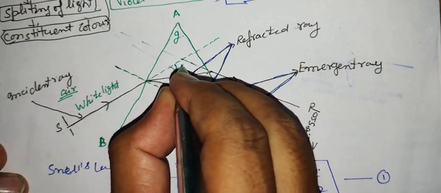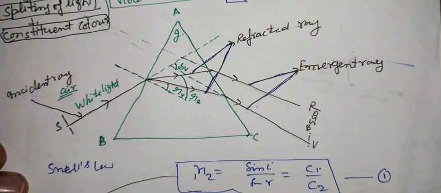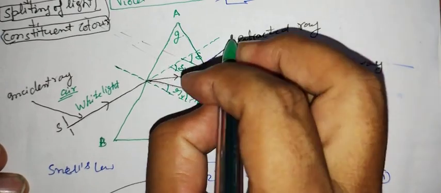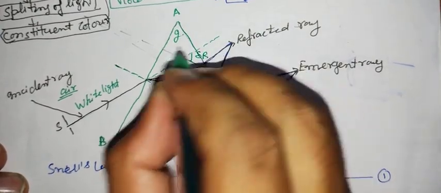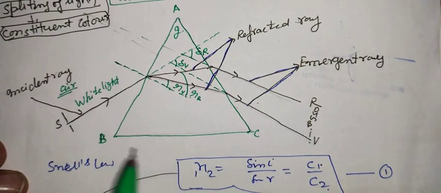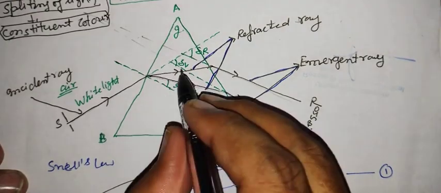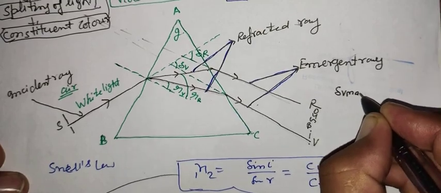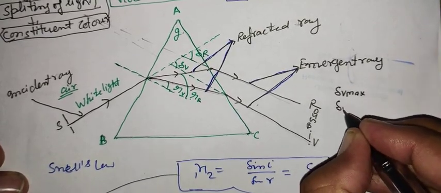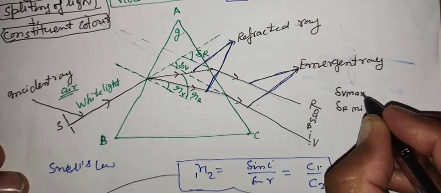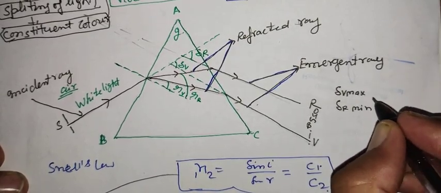It is known as angle of deviation for violet color and this is called angle of deviation for red color. So we see that the maximum deviation is for violet color and for red it is a minimum, and all constituent colors lie in between.